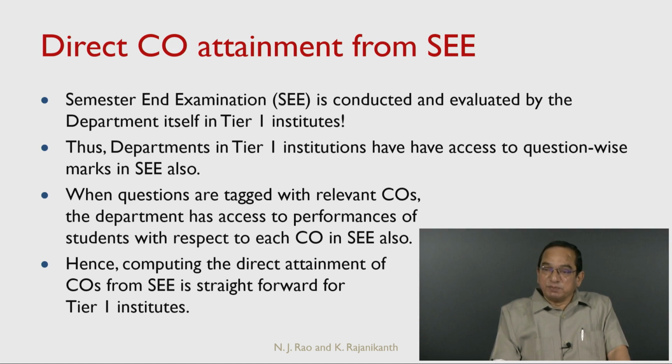Assuming that such a process exists, the departments in Tier 1 institutions have access to question-wise marks in SEE also. When questions are tagged with relevant COs, the department has access to performances of the students with respect to each CO. Hence, computing the direct attainment of COs from SEE is straightforward for Tier 1 institutions.